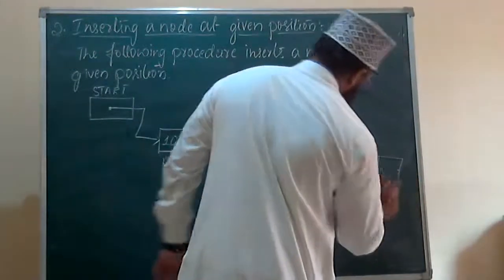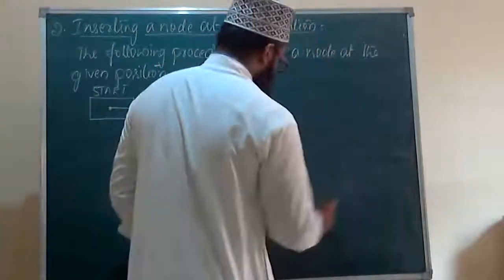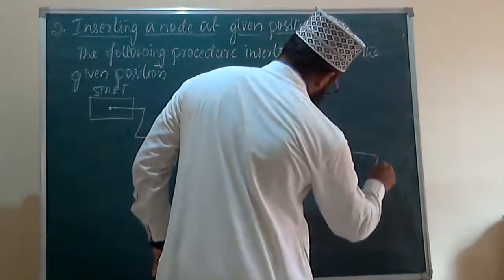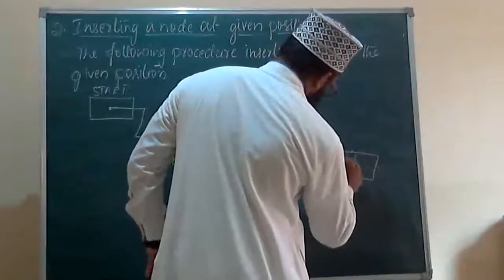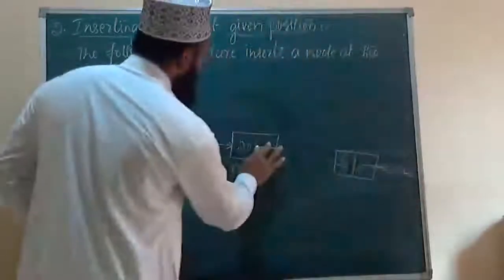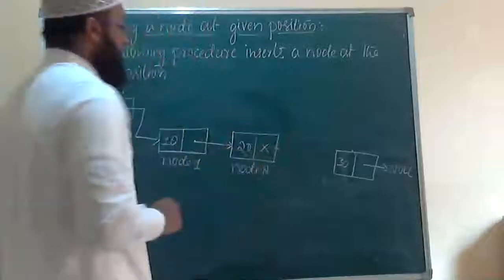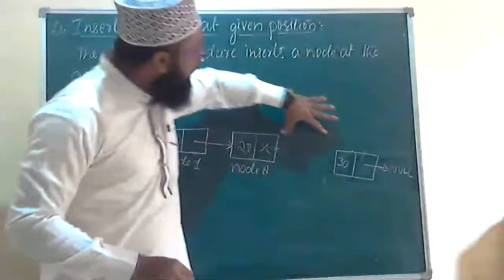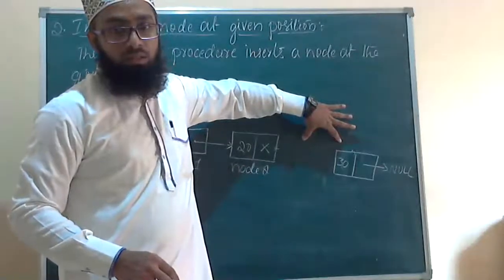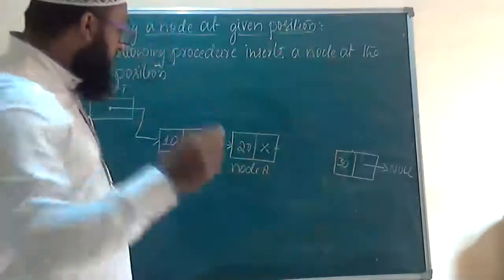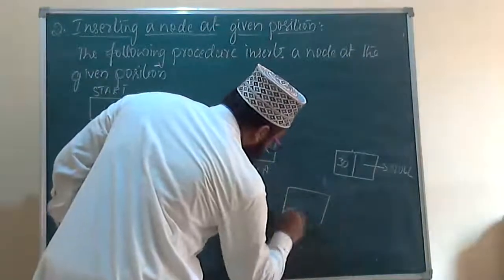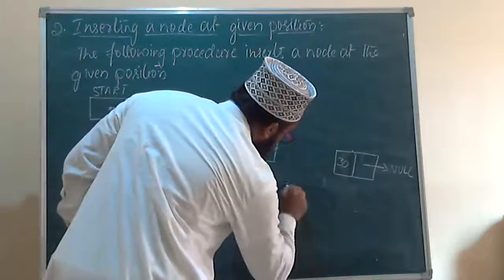Now I will show you one more thing. 30, and this will be marked as null. If we mark this pointer as null, then the link between these two will be broken. Then we have to create a new node by following the first procedure.